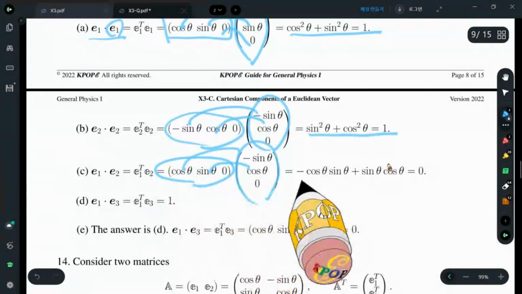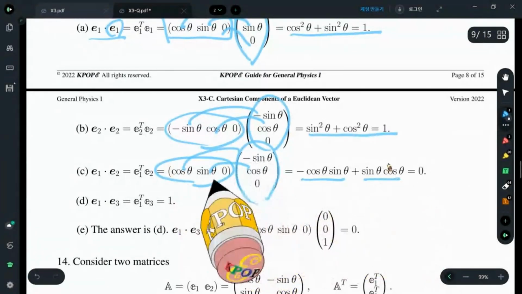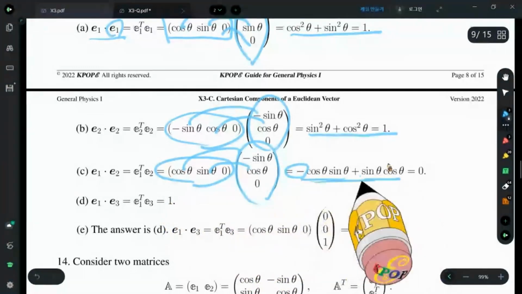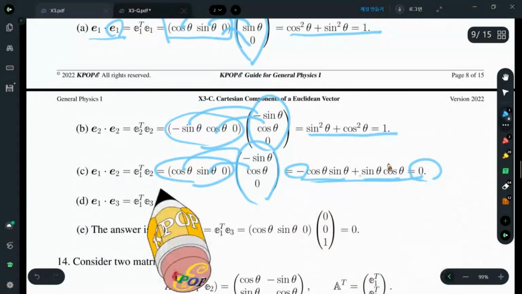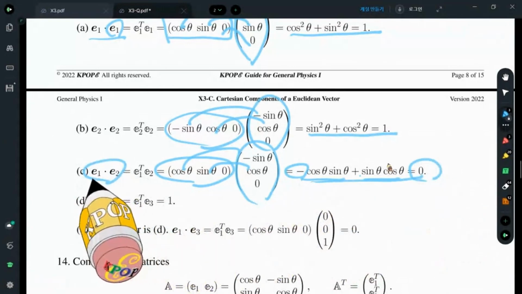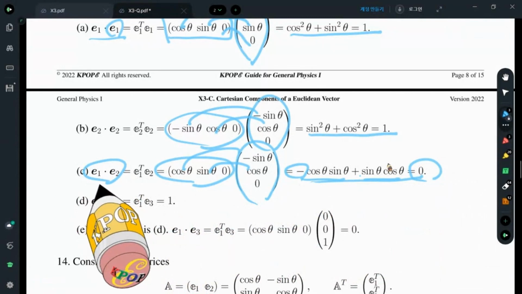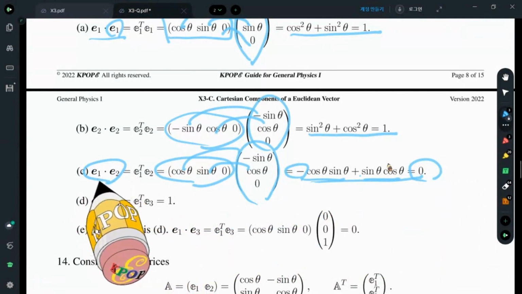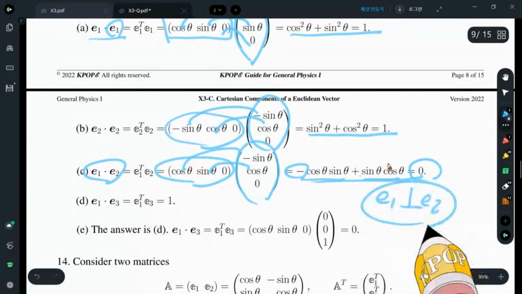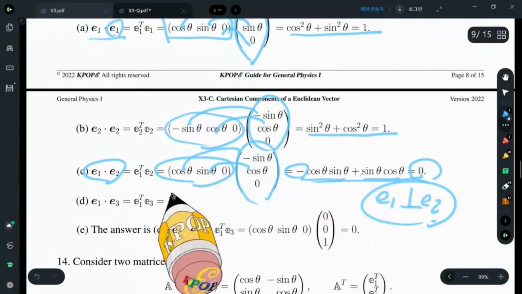Multiply these results. A minus appears in here, plus, they cancel. That means the scalar product is 0 and they are of length 1. The result says E1 and E2 are perpendicular to each other, right?